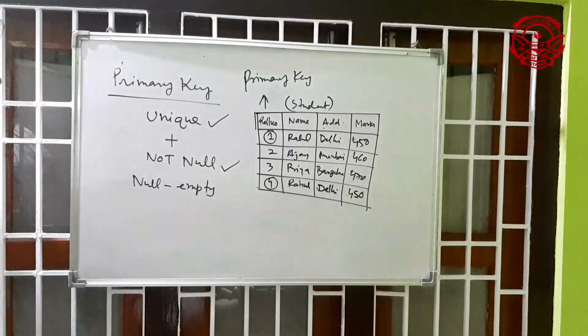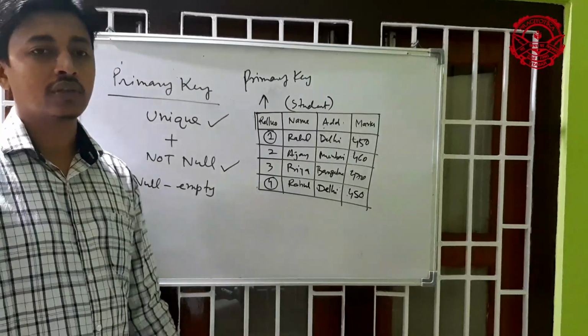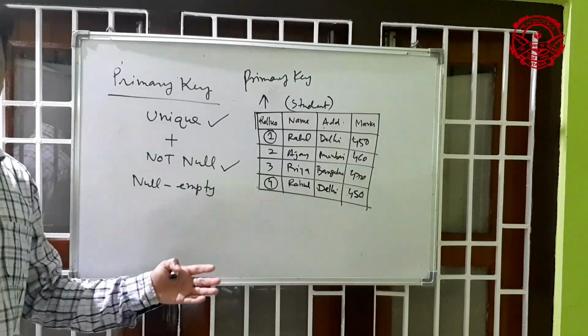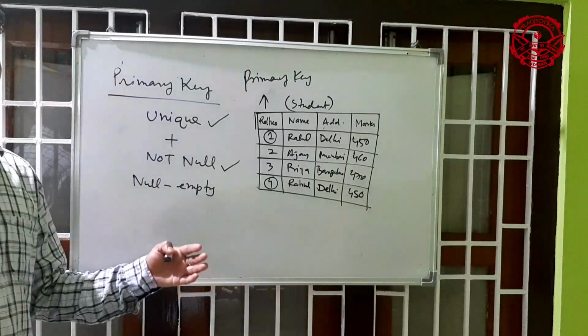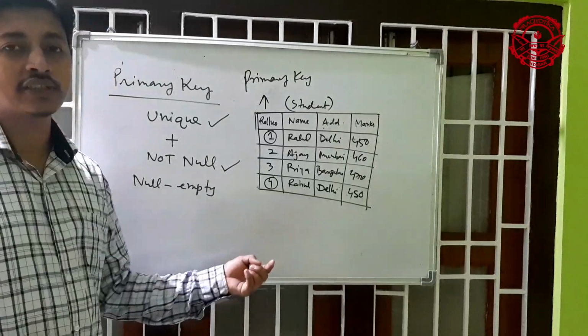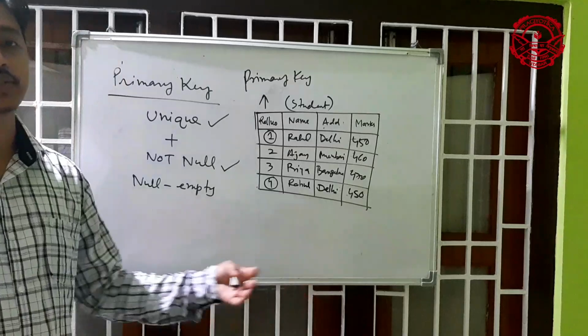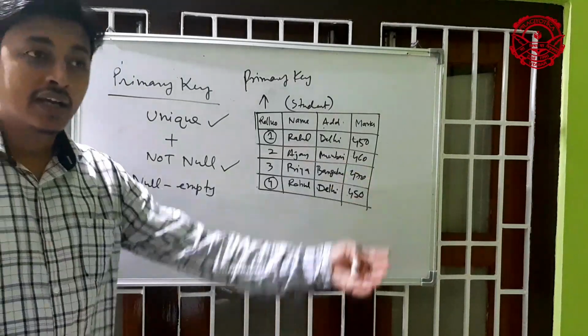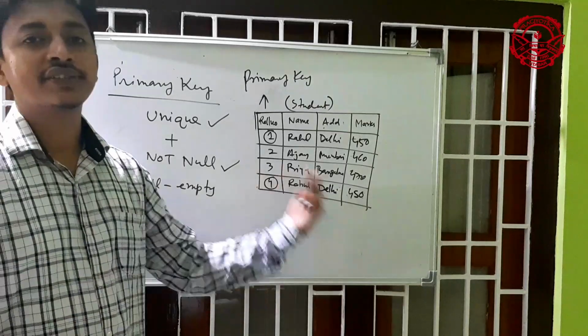Or for example, when I apply for a driving license or a passport, we do not tell the person that I want this license number or this passport number. The passport number or license number is generated by the system. Same thing, the roll number is also generated by the system.